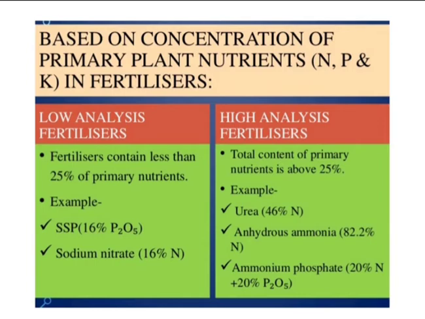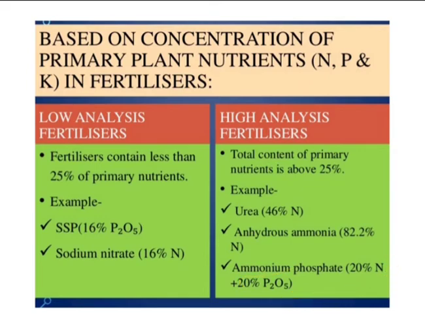Then in the high analysis fertilizers, obviously the primary nutrients NPK are greater in percentage, greater than 25%. An example is urea. Urea contains 46% nitrogen. Then anhydrous ammonia, which contains 82.2% nitrogen. And ammonium phosphate, which contains 20% nitrogen plus 20% P2O5.